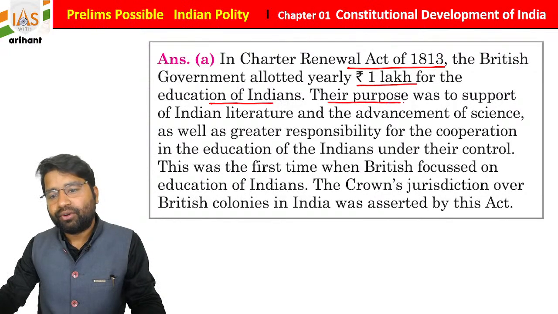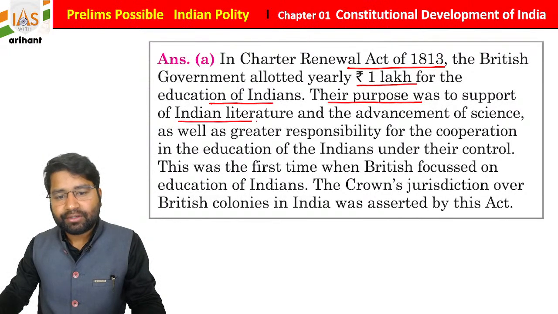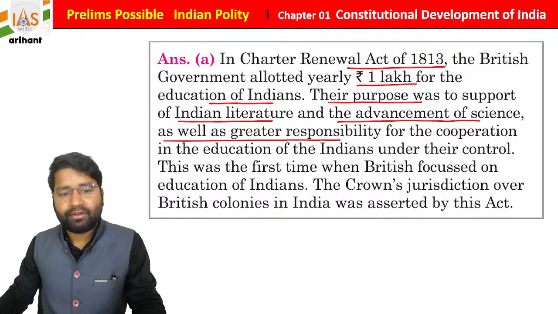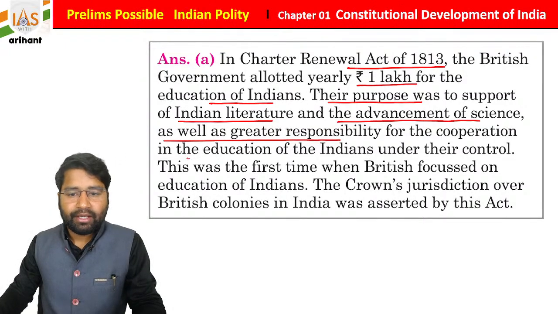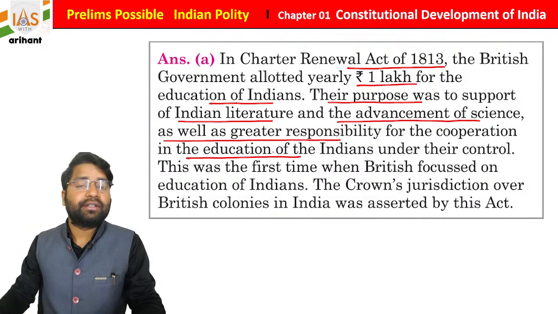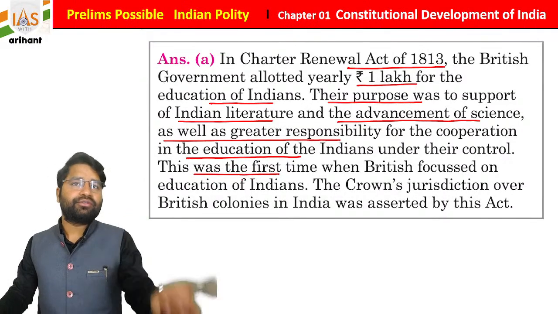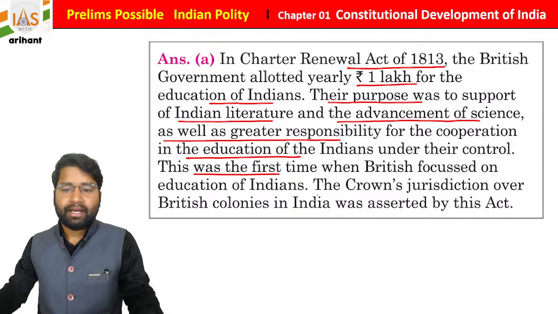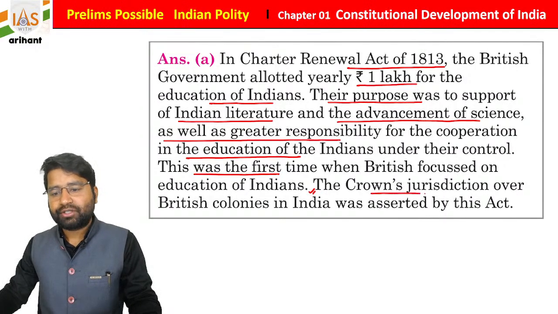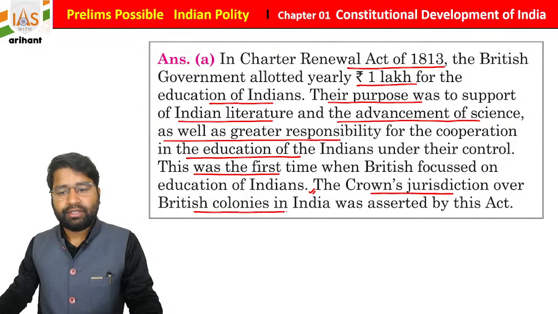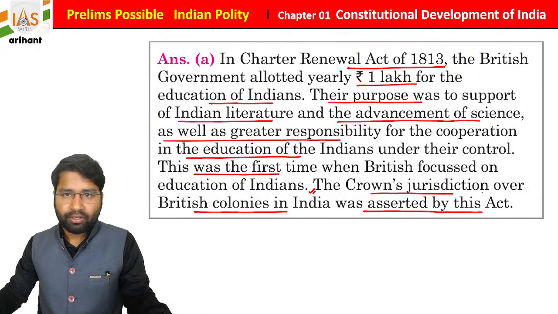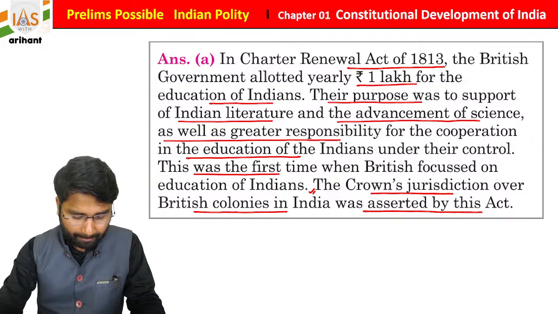Their purpose was to support Indian literature and the advancement of science, as well as greater responsibility in the education of Indians under their control. This was the first time the British focused on the education of Indians, and the Crown's jurisdiction over British colonies in India was asserted by this act. I hope you all are able to connect it. The things are easy. Very good.